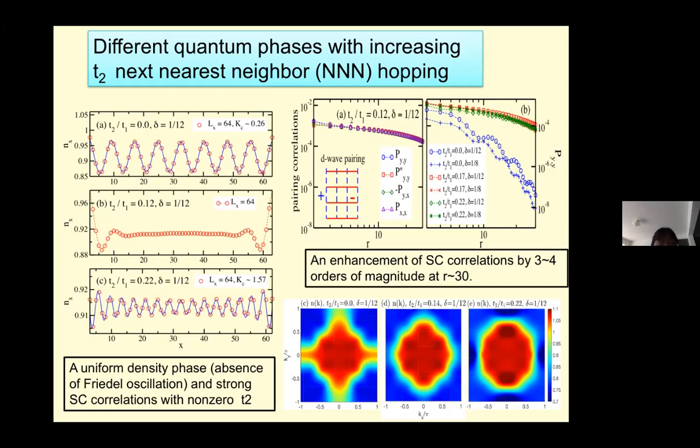Then I also want to show you the corresponding pairing correlations. We first look at the symmetry of the pairing. We fix one bond near the sample edge, then vary another bond. We find the sign of the pairing correlation depends on whether you have 2 Y bonds, which gives a positive sign.